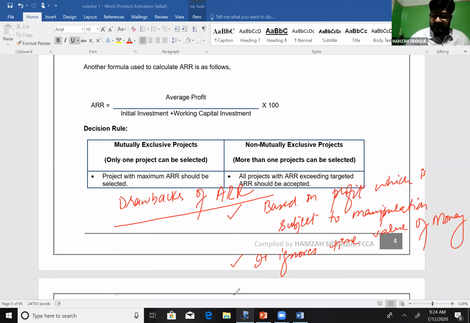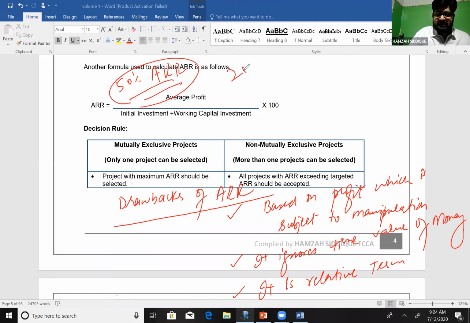And third, it is a relative term. You see, 50% ARR, 25% ARR.